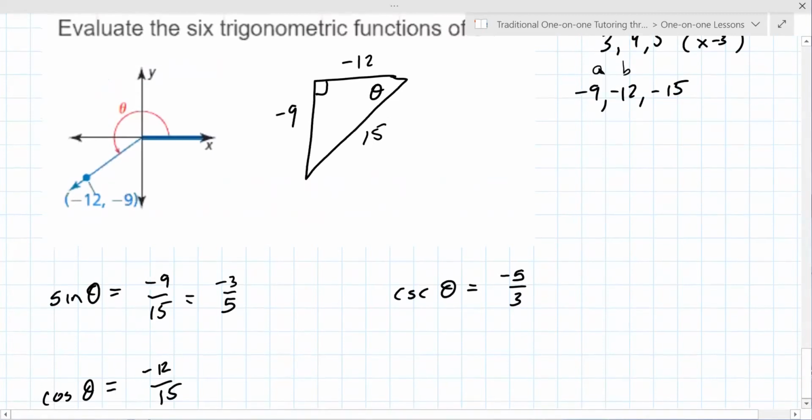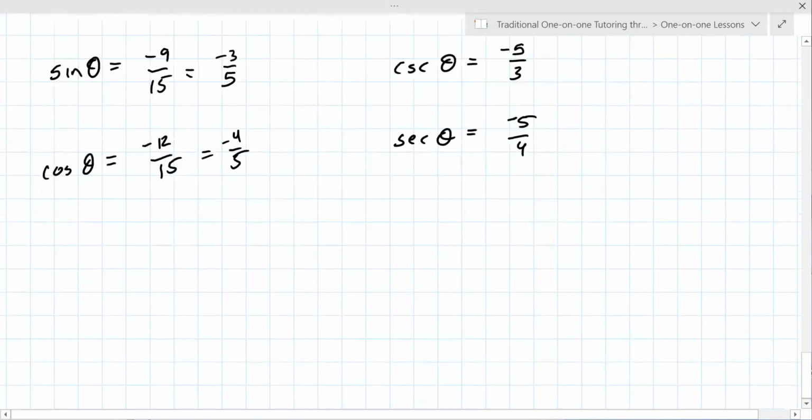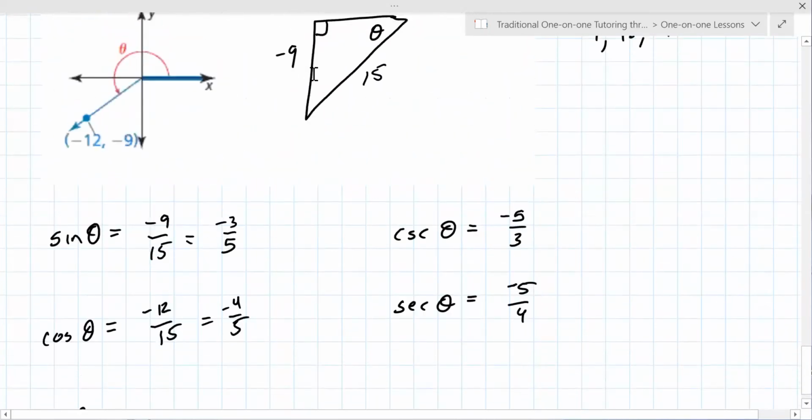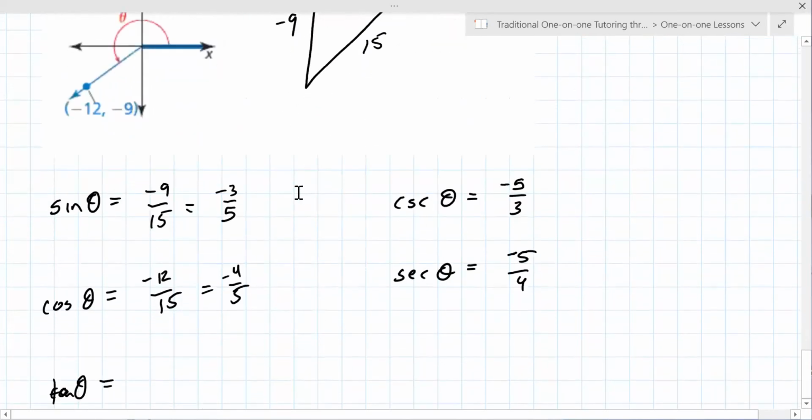And that reduces to -4/5. Secant theta is the reciprocal of that, that's -5 over 4. And then tangent of theta is opposite over adjacent, so -9 over -12, which they both divide by 3, or -3 in this case, so 3/4. And then cotangent theta is the flip of that, which is 4/3.